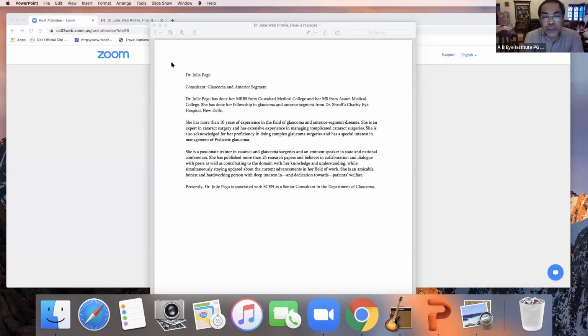She has done her fellowship in glaucoma and anterior segment from Dr. Shroff Charity Eye Hospital, New Delhi. She has more than 10 years of experience in the field of glaucoma and anterior segment diseases. She is an expert in cataract surgery and has extensive experience in managing complicated cataract surgery. She is also acknowledged for her proficiency in doing complex glaucoma surgeries and has a special interest in the management of pediatric glaucoma.